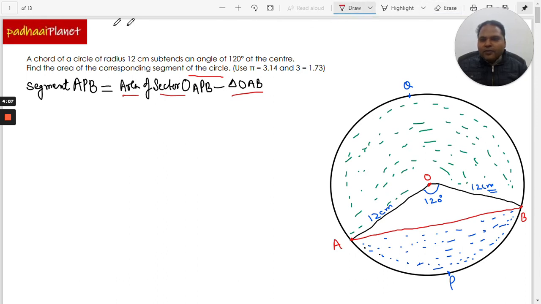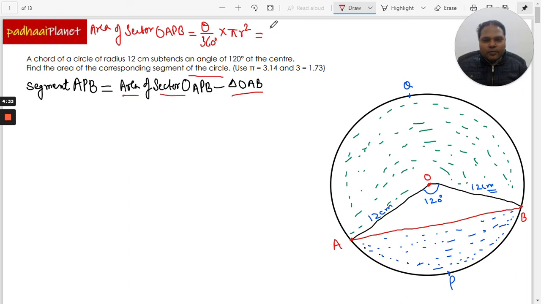So let's first find out the area of the sector OAPB, right? So that's area of sector OAPB. Now we know that the area of any sector, the formula for this is theta upon 360 degrees multiplied by pi r square, right?